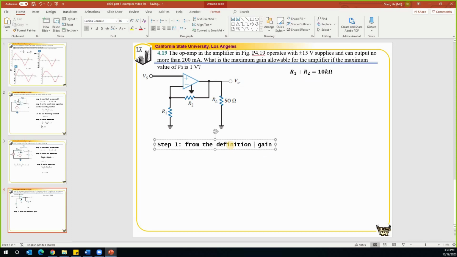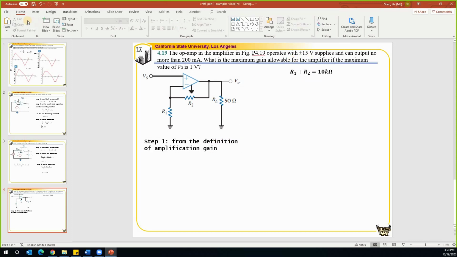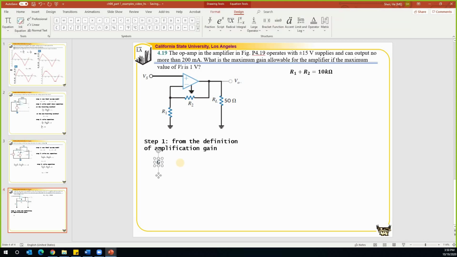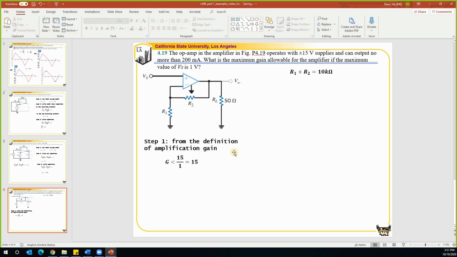Step 1, from the definition of amplification gain, we know that the maximum gain G should be less than the output, which is the power supply 15, divided by the maximum VS, which is equal to 1. So from the first requirement, it should be less than 15.